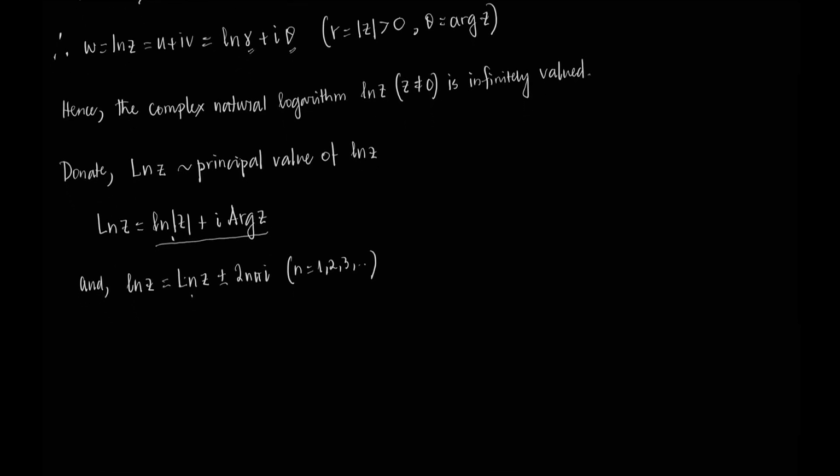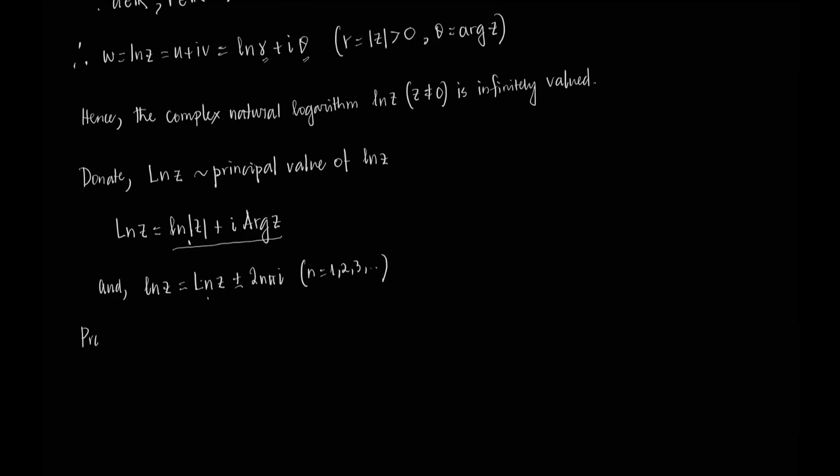Now let's look at some properties. What we did is we generalized the idea of logarithm from R to C. Now the question is, is this generalization valid? Let's say z is in R plus, basically a positive real. Then what is the principal argument of z?